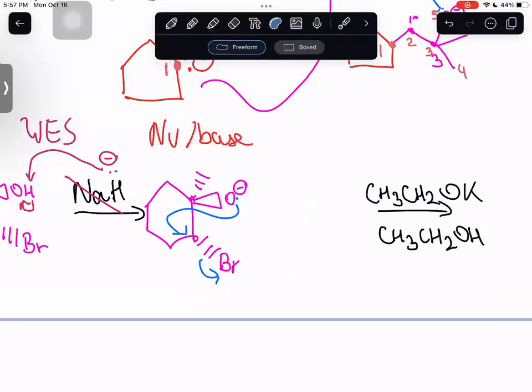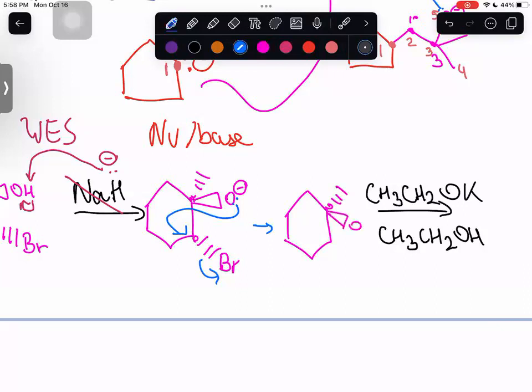So I have that oxygen, and now I have that new connection. I just made my epoxide with the Williamson reaction. So far, questions? So far, we're good?